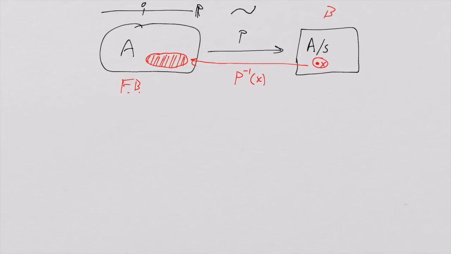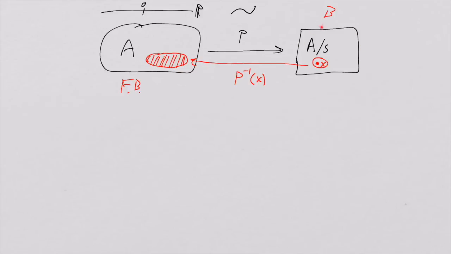It's not exactly that, of course, because there are a lot of other things that make a fiber bundle that we haven't verified are here. But nevertheless, this inverse projection of a quotient map is sometimes called the fiber over X.